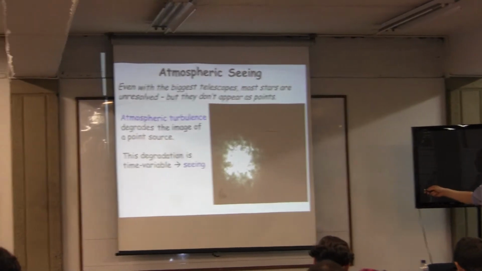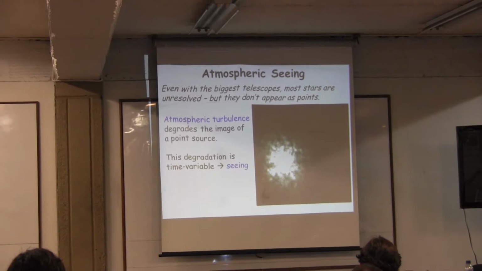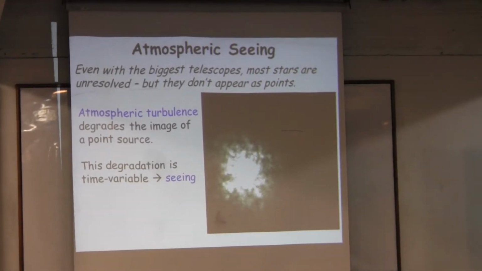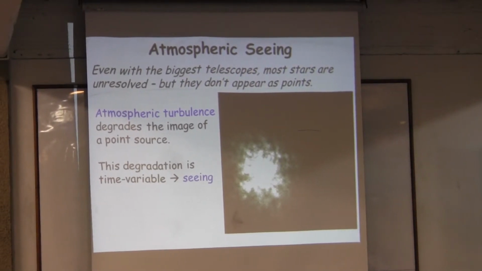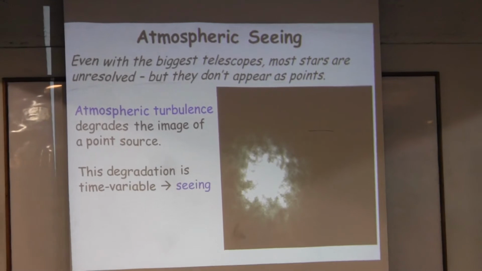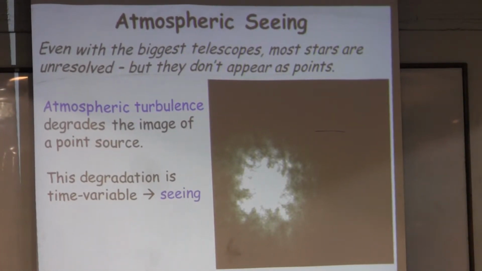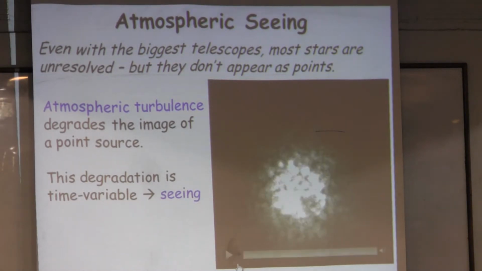We said the atmospheric turbulence degrades the image of a point source, but it's not a constant degradation, like a static aberration, like you have an error in your optics. It's a very dynamic effect, and this is called seeing. This is a typical sequence of observations. I'll replay it a couple of times.